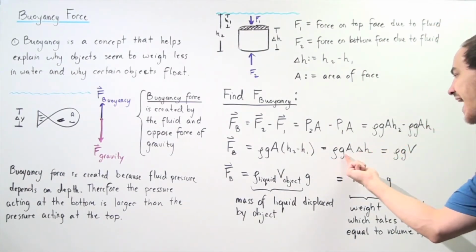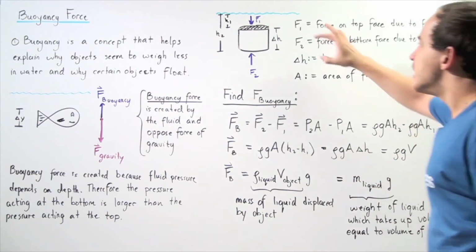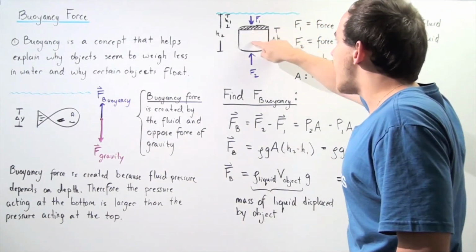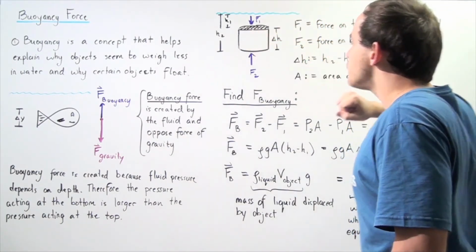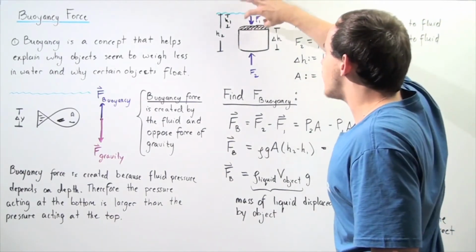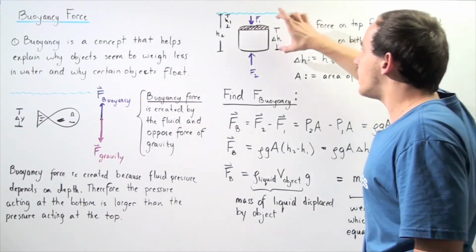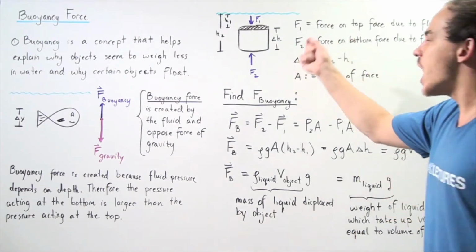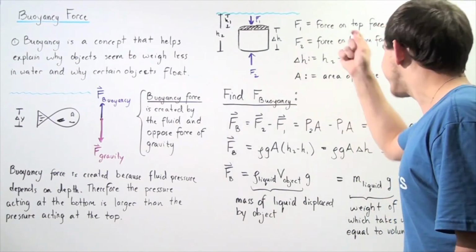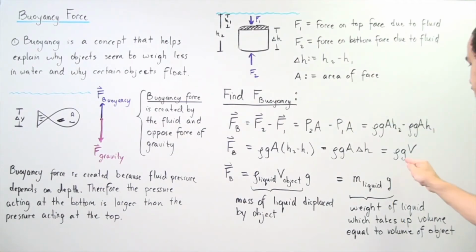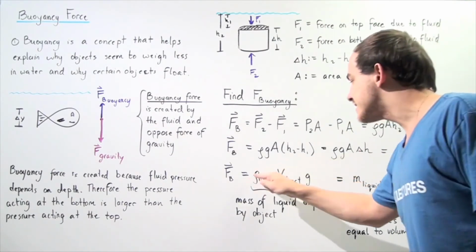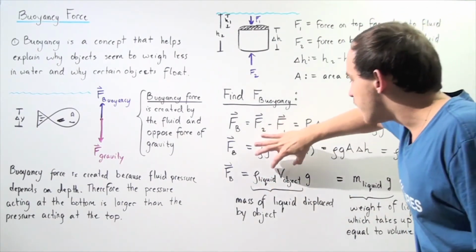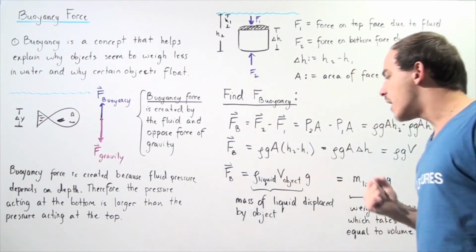Now notice what A times change in h is. Change in h is simply the height of our cylinder, and if we take the cross-sectional area A and multiply it by the height, we simply get the volume of our object, the volume of our cylinder. Notice this density is the density of the liquid, and this volume is the volume of the object.